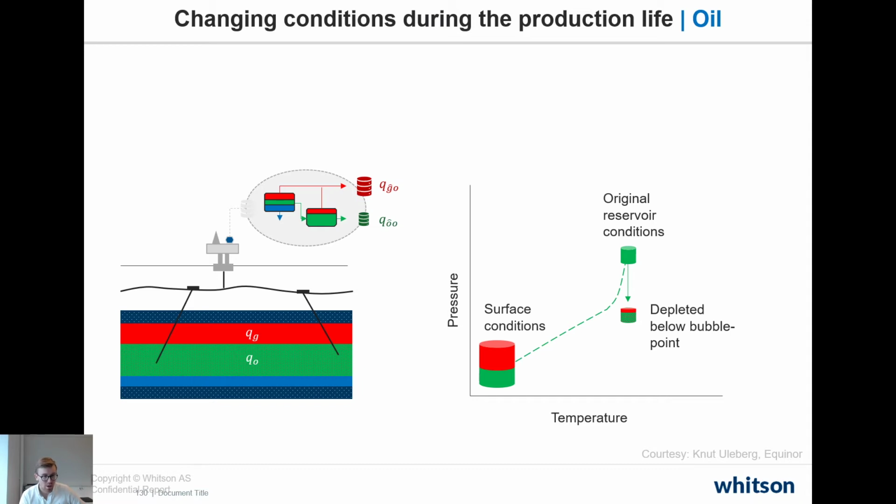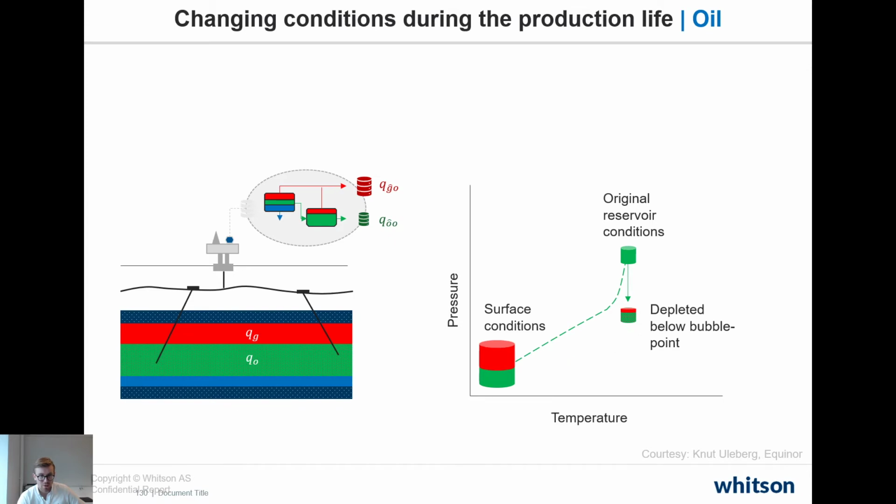What's special about this case compared to the condensate case is that this gas is mobile, and you will produce this gas as well together with the oil. And when this gas comes out of solution and you produce it, you actually start to produce from a gas phase that sometimes has its own condensate in solution.